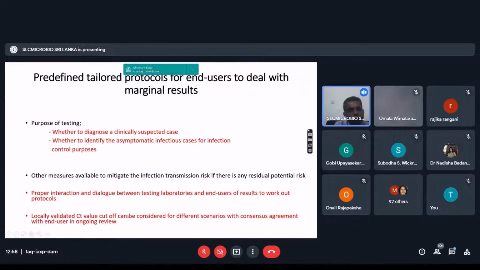So it is a process of local validation of your laboratory results with clinical and public health evaluation in the background of that assessment. So that would be the best practice, without discarding this marginal zone by default, or without unnecessarily and thoroughly engaging with each and every marginal zone result. So we have to filter them.